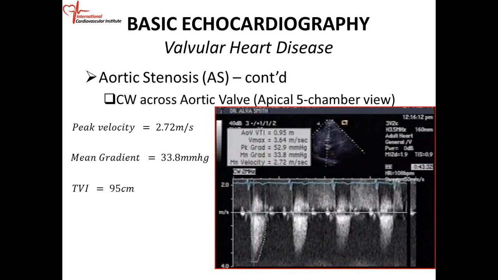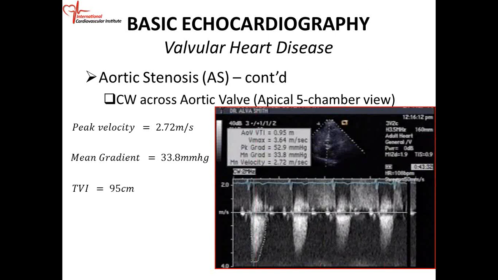Remember when we did Doppler, the angle theta is very important. The greater the angle, the lower the velocity. At an angle of 90 degrees, you're going to get 0 velocity, because the cosine of 90 is 0. The cosine of 0 is 1, so you want the beam as parallel to the flow as possible.